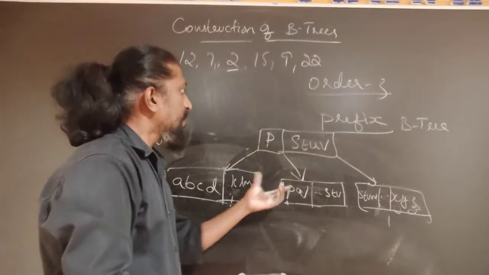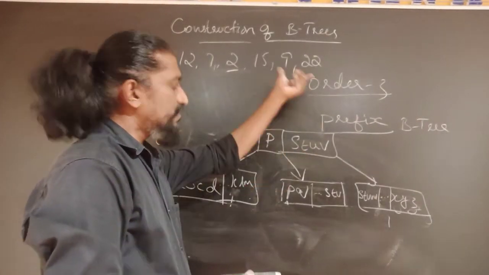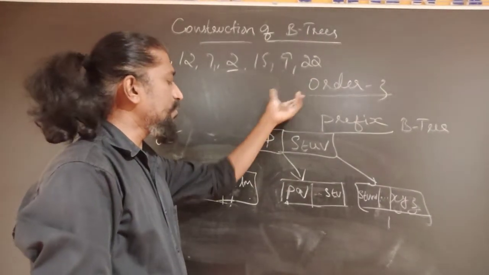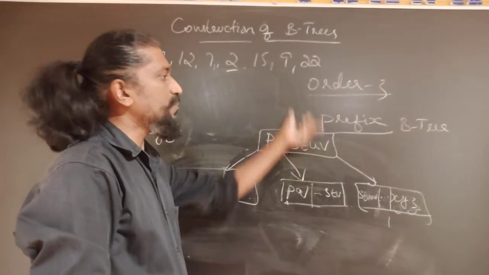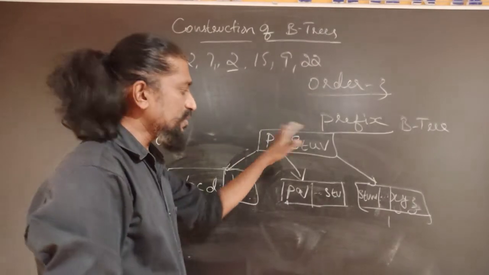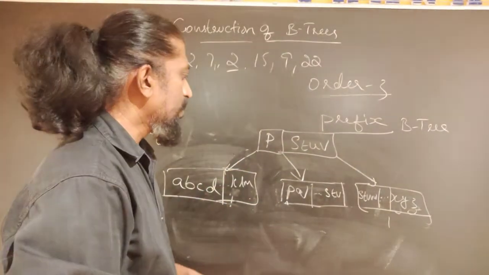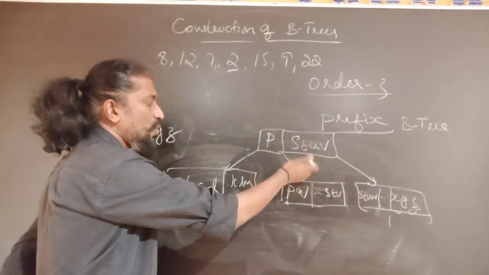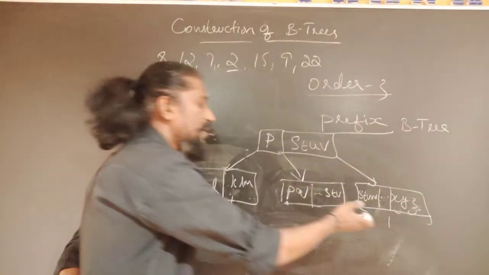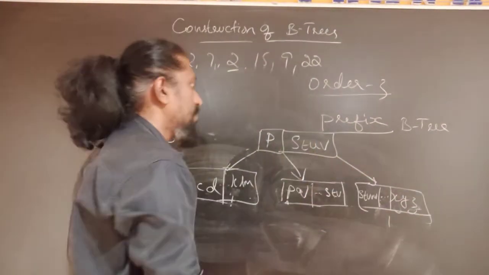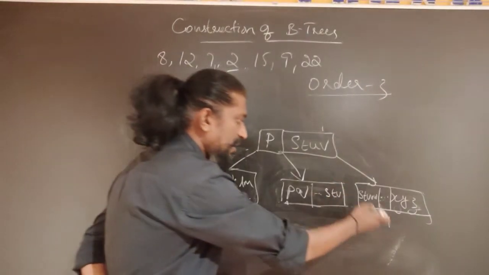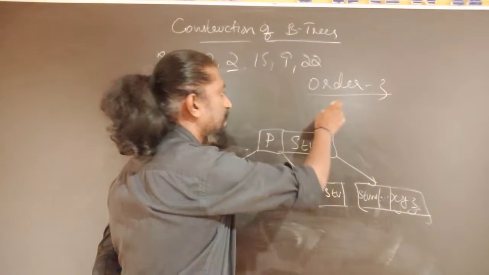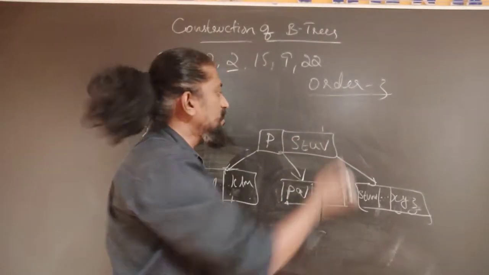The same way, the root node may also split, and a new root may have to be formed, and one of the keys from here may have to be promoted to the root. That we will do in a similar fashion. Sometimes it may so happen that, depending upon the last key and the first key of the consecutive blocks, an entire key of the second block may become the prefix key in the root.